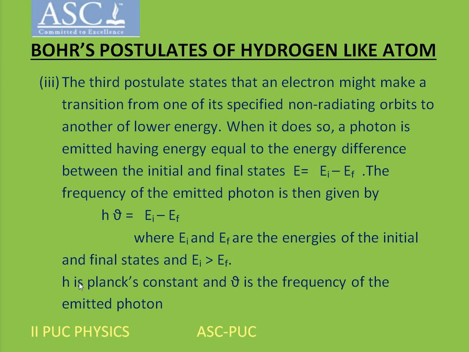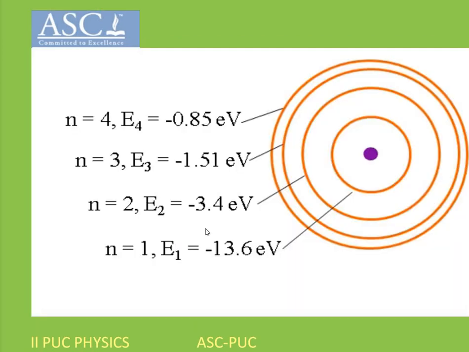Now let us try to understand Bohr's third postulate. As we can see here, the energy of the electron is quantized. The electron in the first orbit has a total energy of minus 13.6 electron volt. The similar electron in the second orbit has a total energy equal to minus 3.4 electron volt.